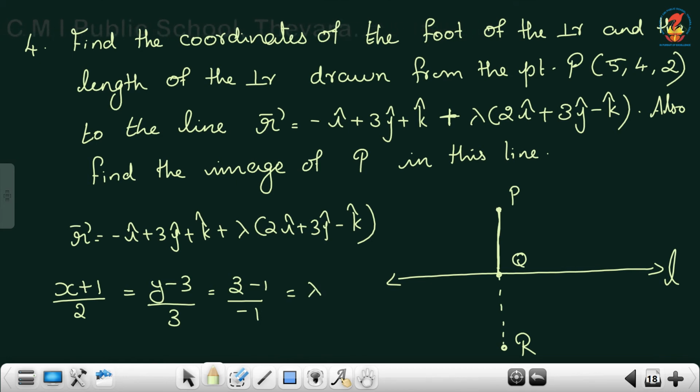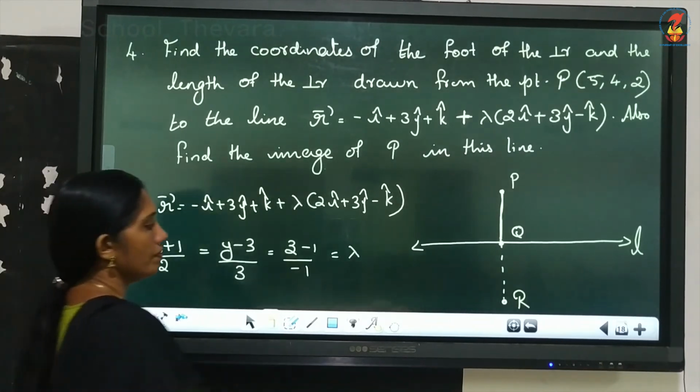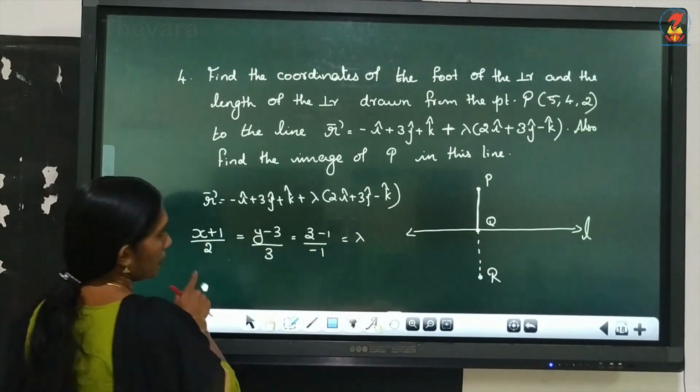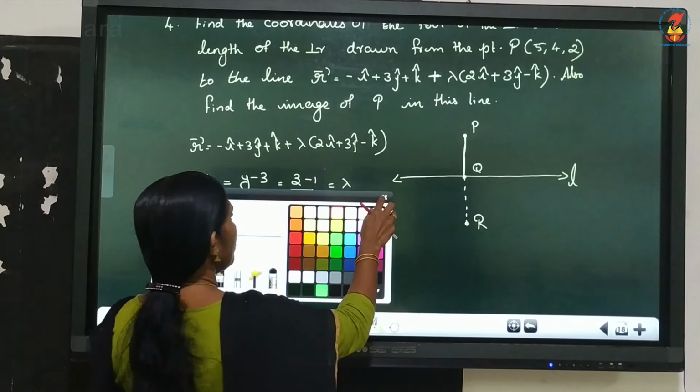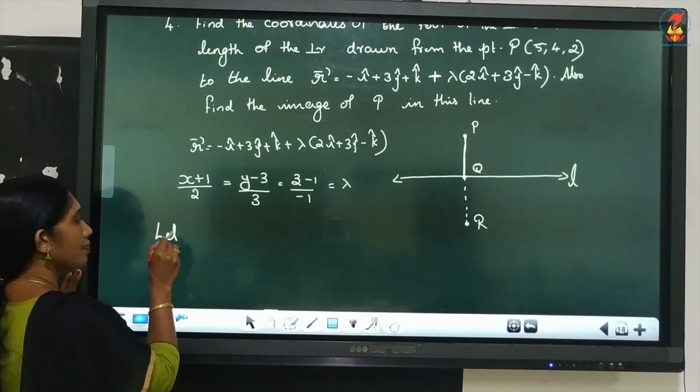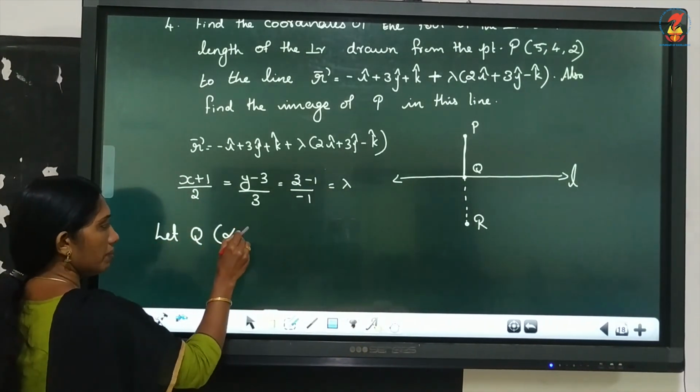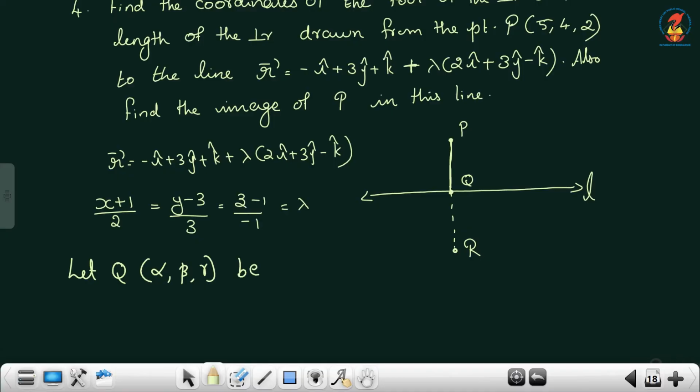Okay. Now we have to find the foot of the perpendicular. So let Q (alpha, beta, gamma) be the foot of the perpendicular. This alpha, beta, gamma lies on this line, so we can put alpha, beta, gamma for x, y, z.